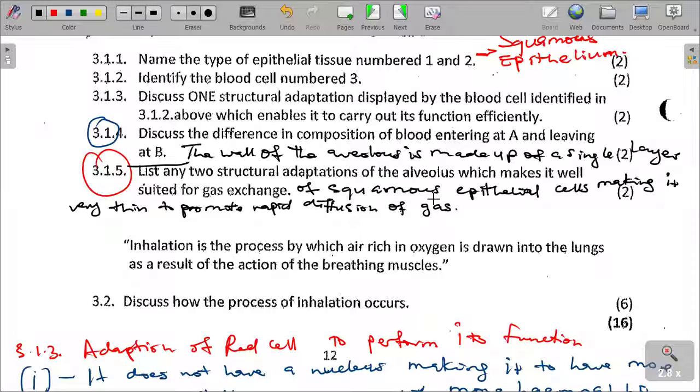Rapid diffusion of gas, that is how it is adapted to perform its gaseous exchange.